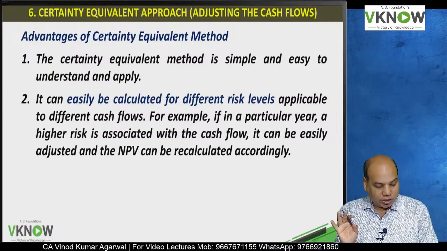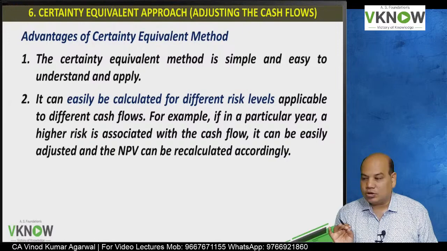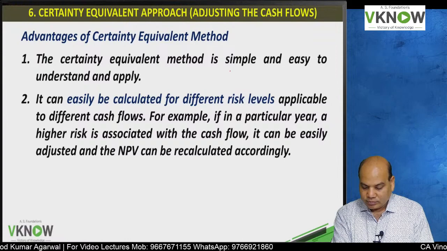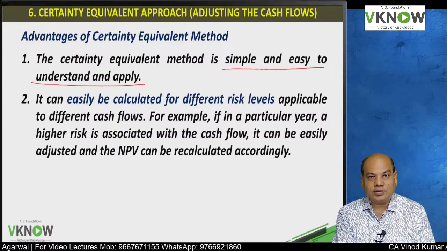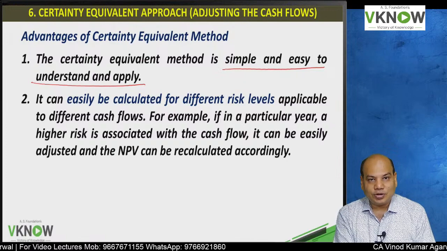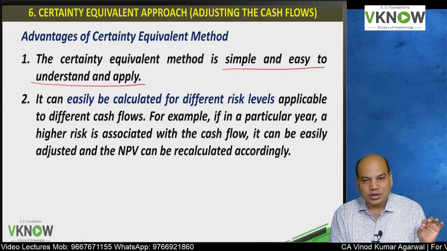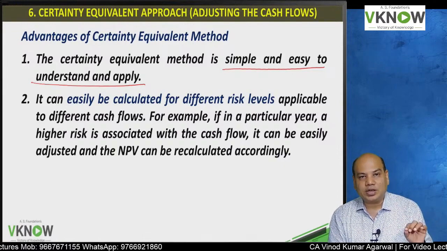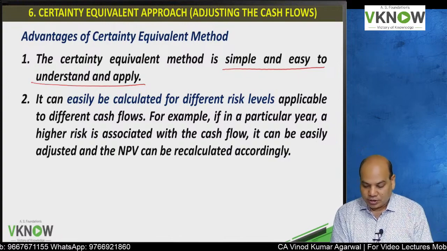Okay. Now the question is advantages of certainty equivalent method. Advantage number 1, simple and easy to understand. All of you have easily understood it, and the steps are also simple. Convert uncertain cash flow into certain cash flow by multiplying by certainty equivalent coefficient, and then use risk-free discount rate.